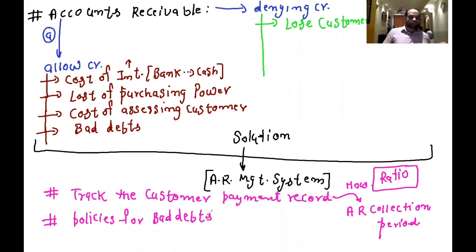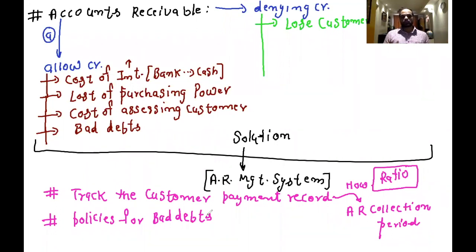All right. So if our bad debts keep increasing over the period, we may have to minimize the credit sales, or minimize credit sales only to those particular customers, or maybe we have to track them.